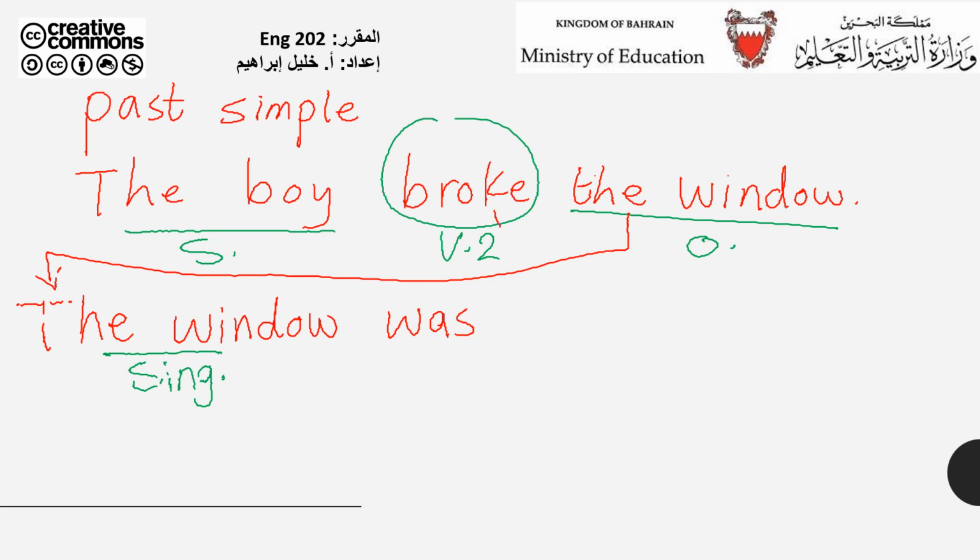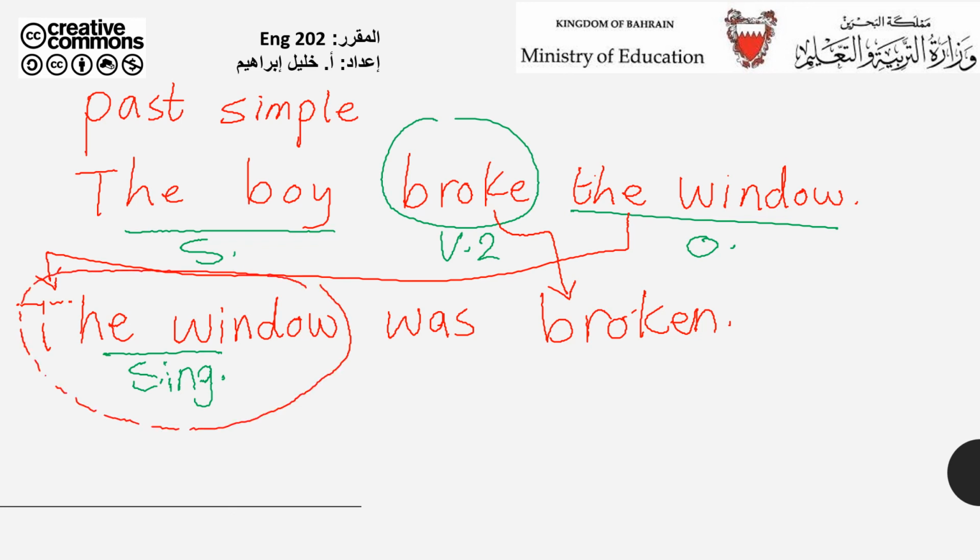Last step is the verb must be in the past participle. So we write break, broke, and the past participle is broken. The window was broken. This is a passive sentence since we start with the object of the sentence. Can we reach the rule now? How to change a simple past sentence from active into passive?